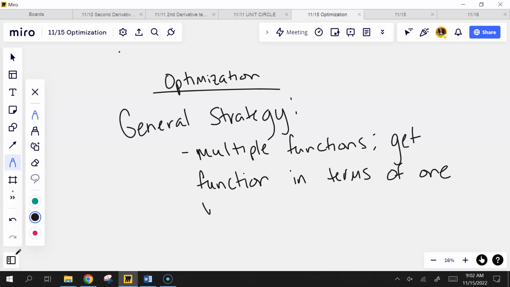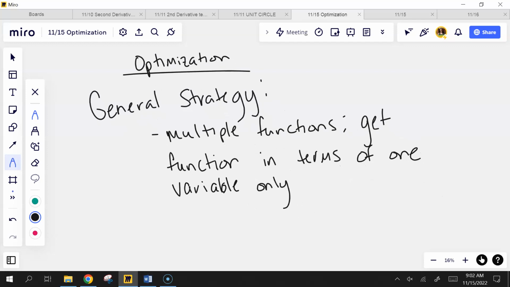So we'll use all these other functions to help us do that. And then we'll proceed like we've been doing, which is derive, first derivative test, find maxes and mins. Sounds easy, right?